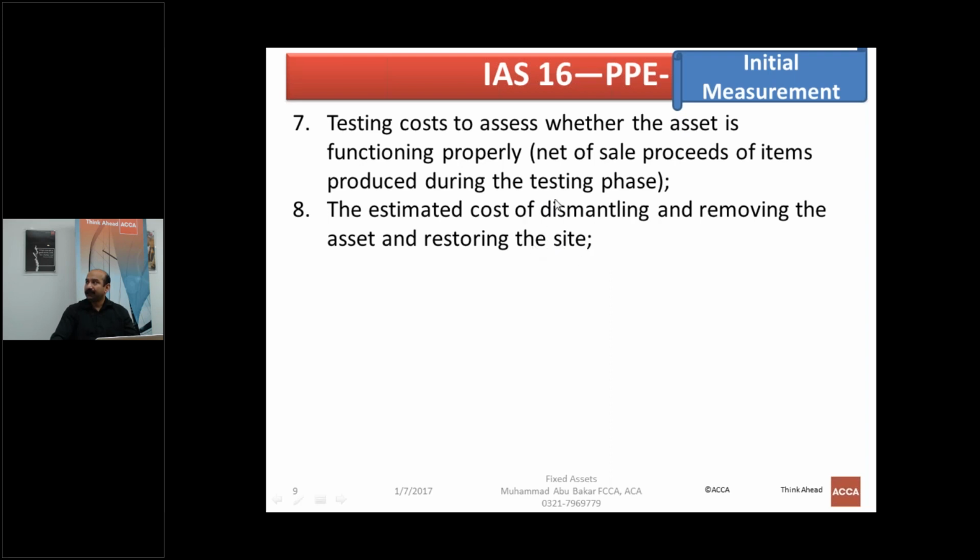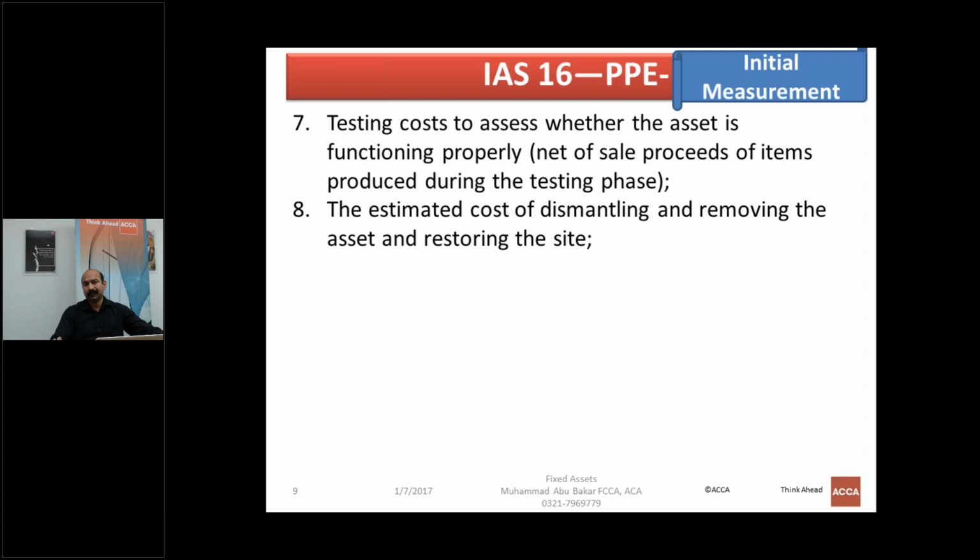There is an interpretation, a very detailed interpretation on this point, which we will discuss after International Accounting Standard 16, which is very important, especially for those members who are working in industries where, when they buy a fixed asset, that fixed asset requires restoration and dismantling, and not only this requirement, but they are also using the revaluation model.